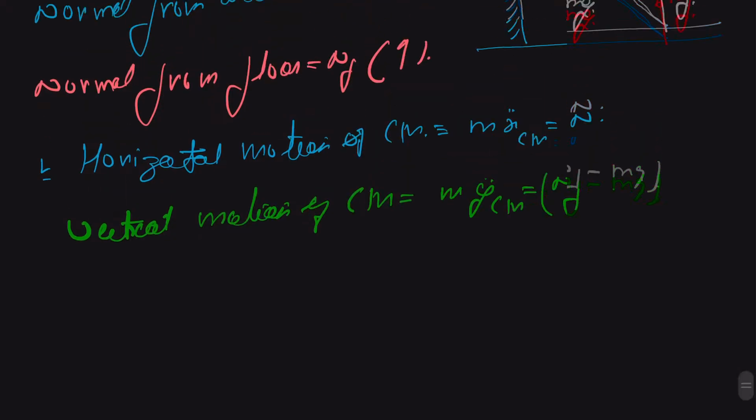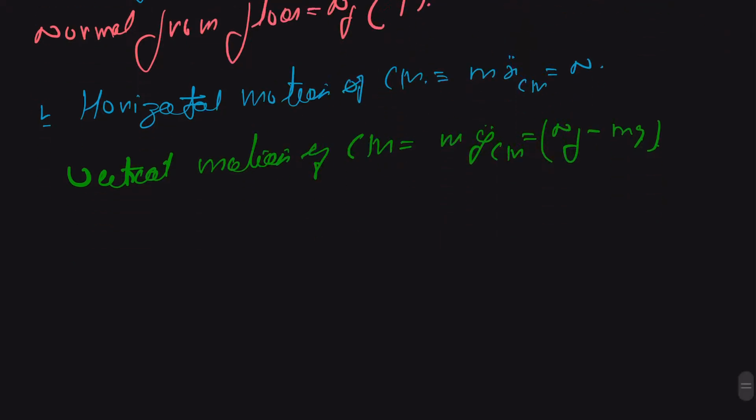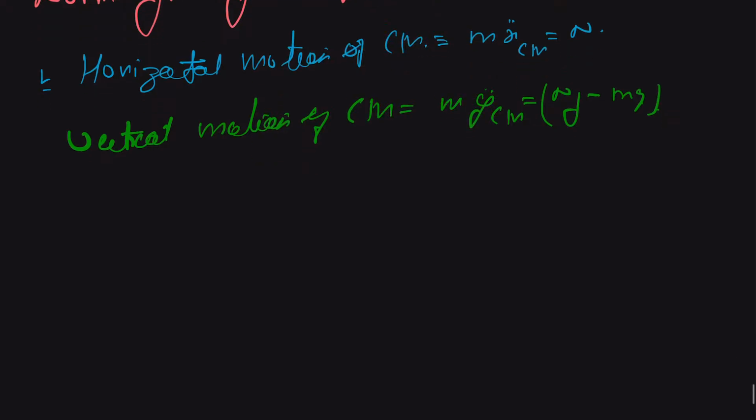We already know that this x of the center of mass is x by 2, so I can write this as m times the double derivative of x divided by 2 is equal to N. So from here I get N is equal to m by 2 times the double derivative of x.